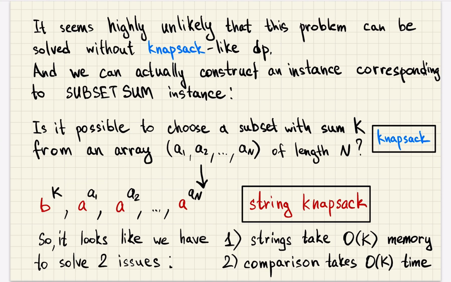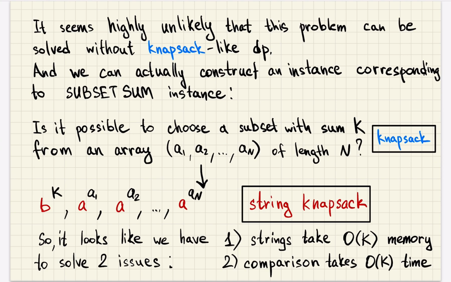We can construct a corresponding instance of our problem. Basically, take strings of given length just consisting of letter A, and if it is possible to choose a subset with sum k, we would be able to just take the corresponding strings, and their concatenation will have length exactly k, and it's all just letters A, which is the best possible.